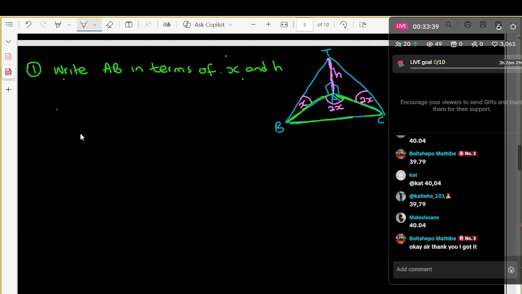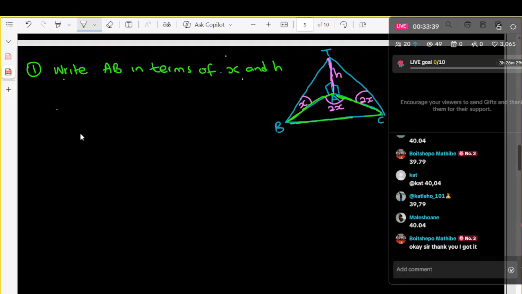So in triangle ABT, look at triangle ABT. Maybe we should just draw triangle ABT, but we're going to waste time. Just focus on triangle ABT.